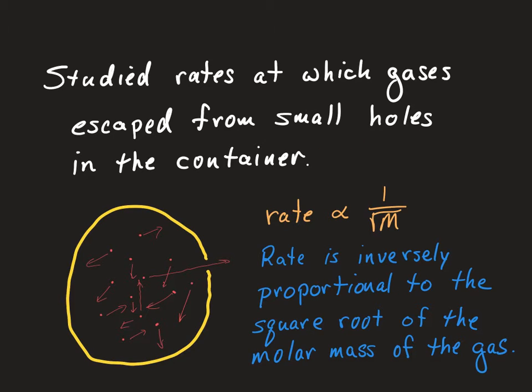In measuring this, Graham found that the rate of escape was proportional to 1 over the square root of the molar mass. So the rate of escape from the hole is inversely proportional to the square root, 1 over the square root of the molar mass of the gas.